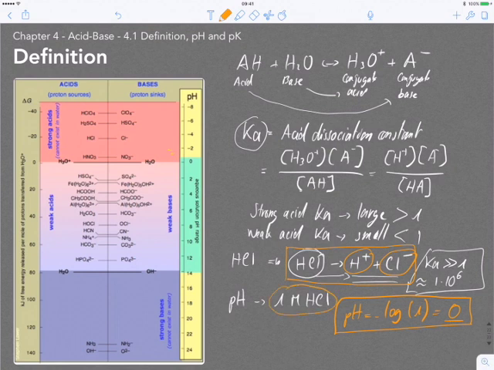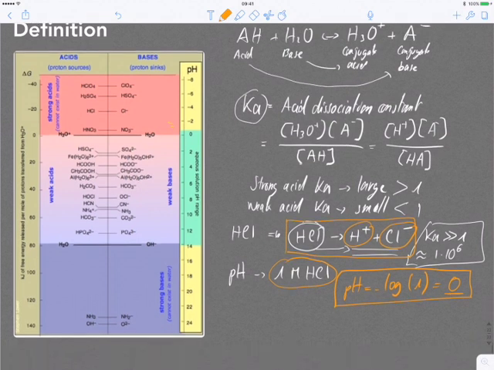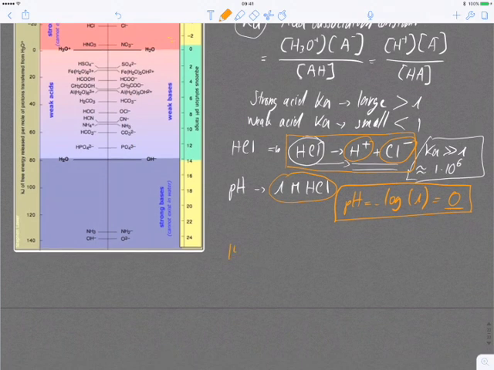If you take 2, 3, 15 molar, for example, 15 molar HCl, that will give you 15 moles of H+, so the pH will be minus log of 15, which equals, if I'm doing the calculation, minus 1.176.